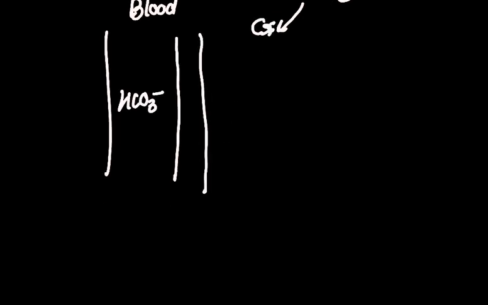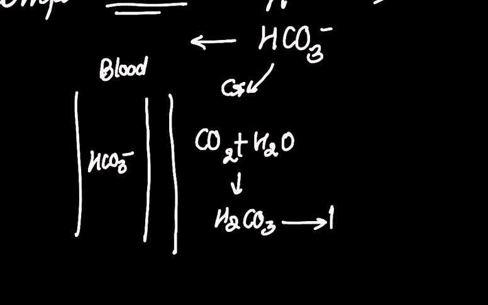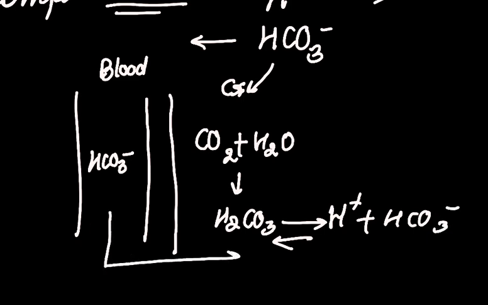In the CSF, we know that carbon dioxide plus water give rise to H2CO3, which further gives rise to H plus and HCO3 minus. Now this H plus, because it's a huge amount in the blood, starts traveling here. As this increases, this H plus in turn decreases because the reaction would turn in this way. So as this H plus decreases, it causes hypoventilation.